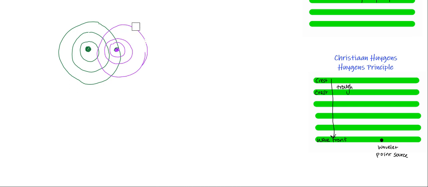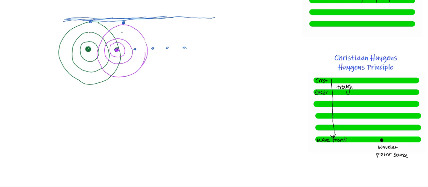He says that when you have a whole lot of these point sources all along, all of the corresponding points would form a net wave front. So if there were a lot of point sources all the way next to each other, you can think about each of those concentric circles as having a tangent point or front to it, and they'd all add up and make the front of the wave, depending on which direction you were looking at.